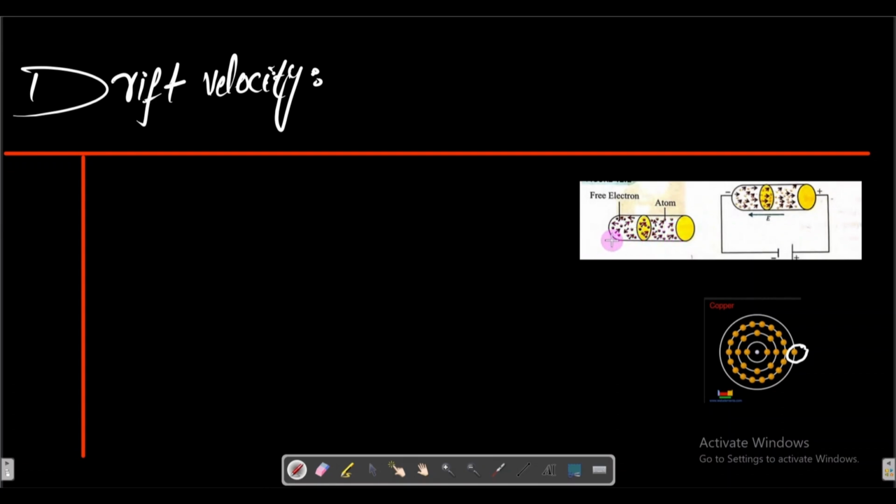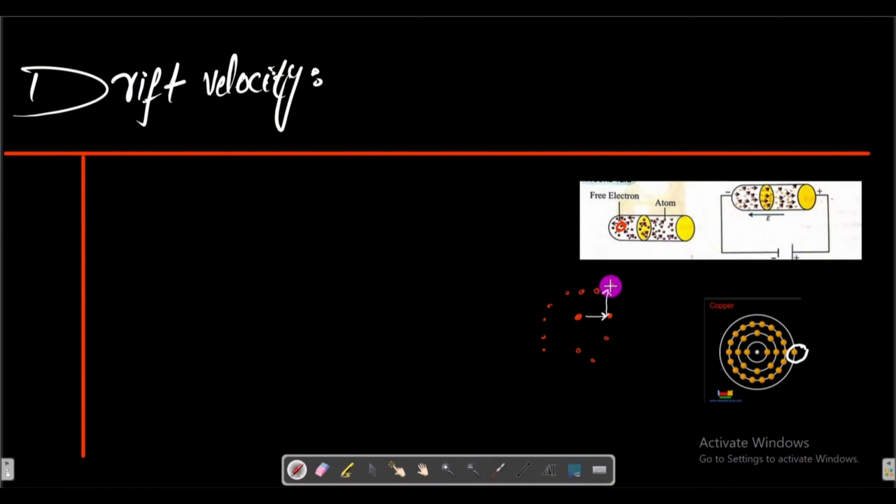Before providing the potential difference to this metallic strip, the motion of the electrons is random. Let's consider a single free electron here, surrounded by other free electrons. When it moves in this direction, it will collide with an atom of the copper and change its direction in this way.